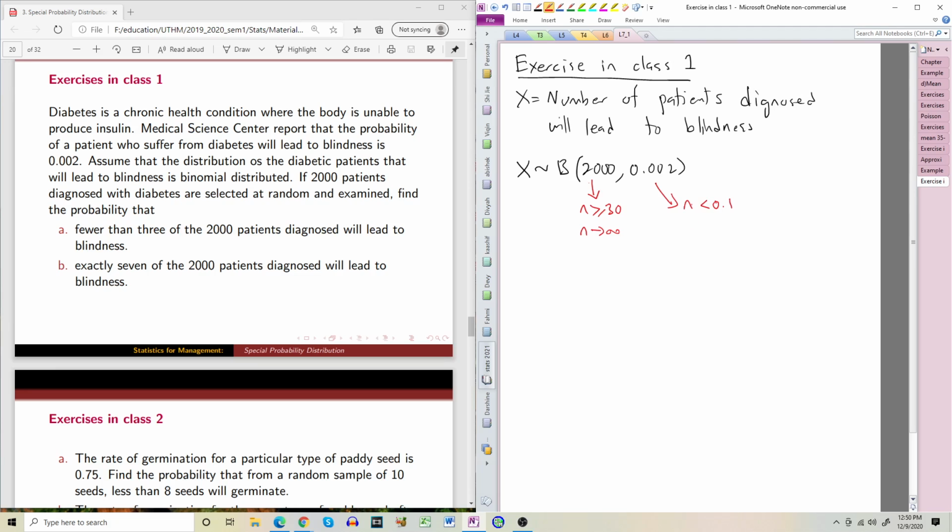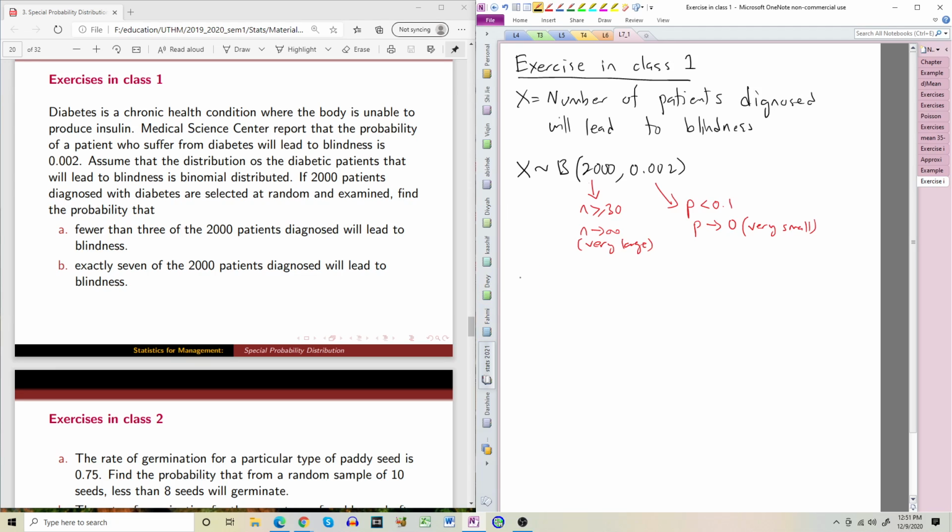Another way to see this, p goes near to 0. So np must be very small, and n must be very large. Then you can use Poisson approximation. This fulfills the two conditions, therefore I can use Poisson approximation.